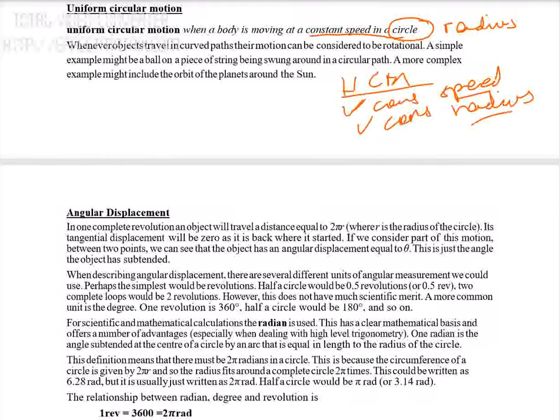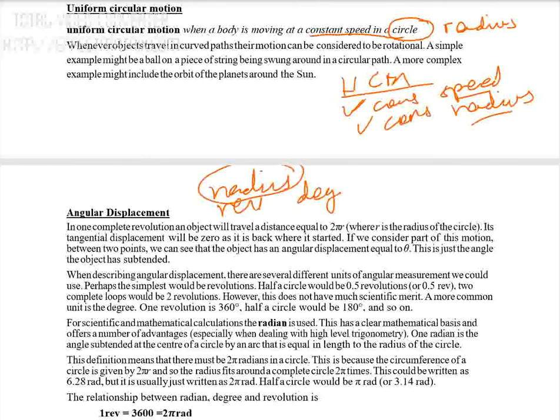Therefore, projectile motion is not uniform circular motion because it doesn't have a constant speed as well as what? Constant radius. The other thing is angular displacement. Displacement in the linear case we measure in meter, centimeter, but in angular we measure angular displacement in radians, revolution, and what? Degree. But the SI unit is what?